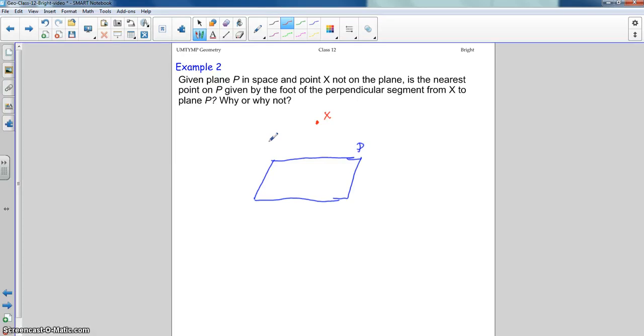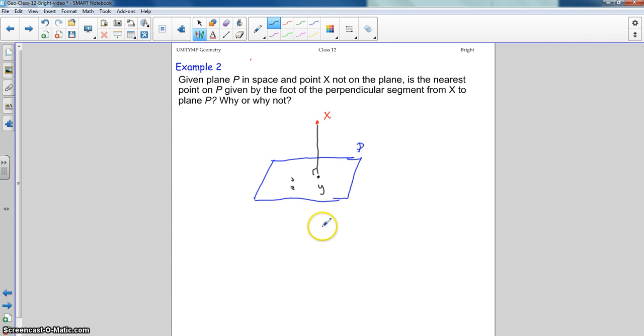I think our knowledge of triangles is going to help us here. So I'm going to consider 2 points. Let's call this Y, and let's consider another point, Z. I've constructed Y such that the segment from X to Y is the foot.